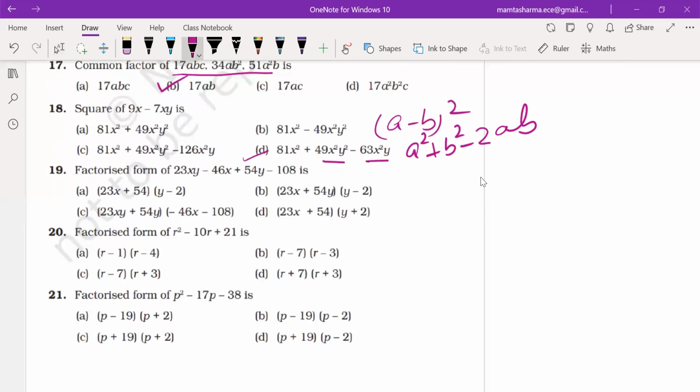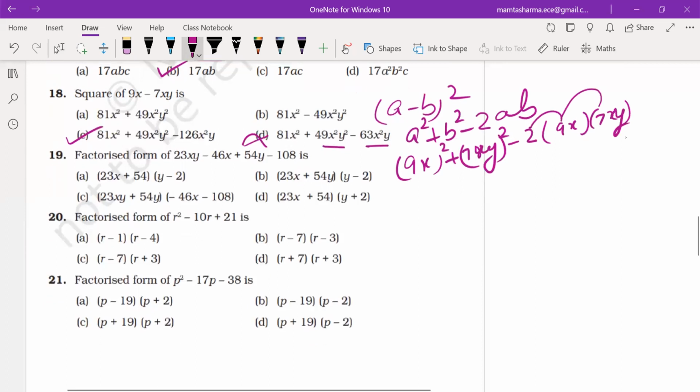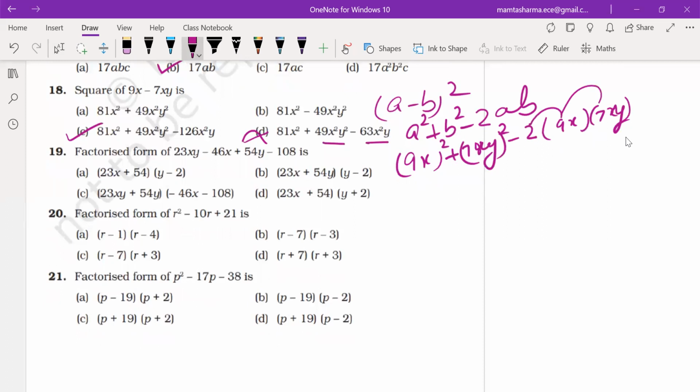So 9x square plus 7xy square minus 2AB: 7 times 9 is 63, and 63 times 2 is 126. So answer C is correct. D is not correct.